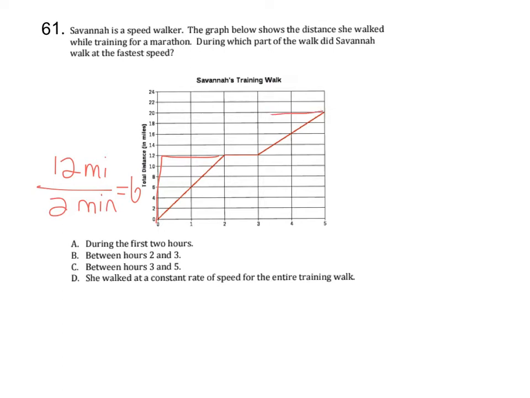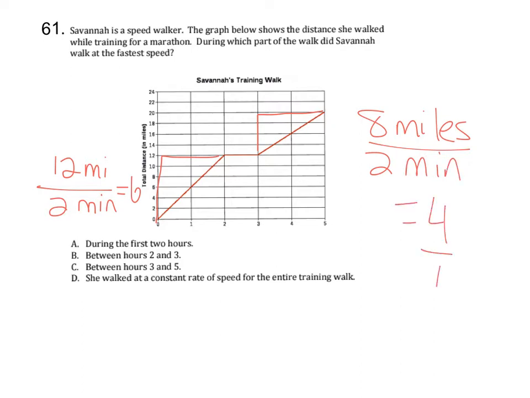And here she went from 12 to 20, that's 8 miles in 2 minutes, which is 4 miles per minute, right? So this is the steepest over here. Sometimes it's kind of hard to tell, so if you're not sure, always go back to the slope. So she went the fastest during her first 2 hours.